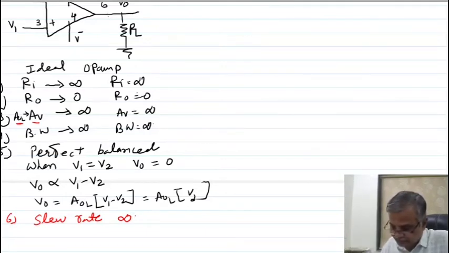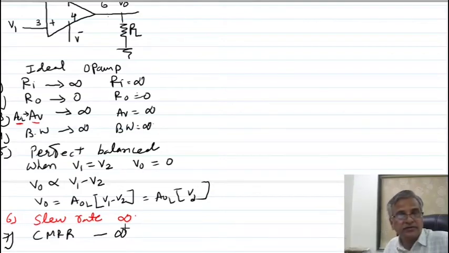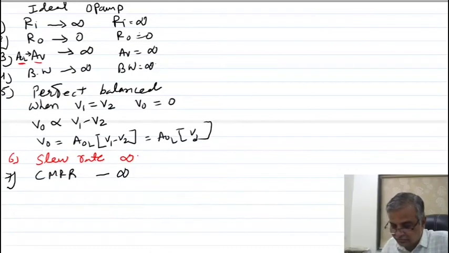7. Your CMRR should be infinite. What CMRR means, that we will discuss, but remember, I am just discussing the characteristics of an ideal op-amp, so I have to mention this.